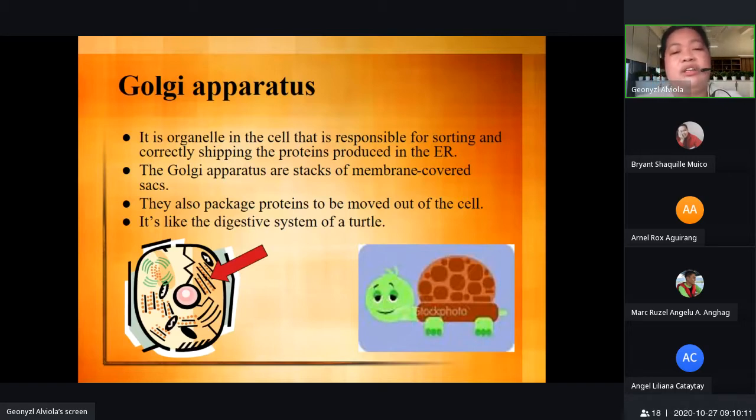Then these proteins enclosed in a vesicle are delivered to the designated organelle. So the Golgi apparatus releases the newly repacked proteins to a target organelle. That is the function of the Golgi apparatus.